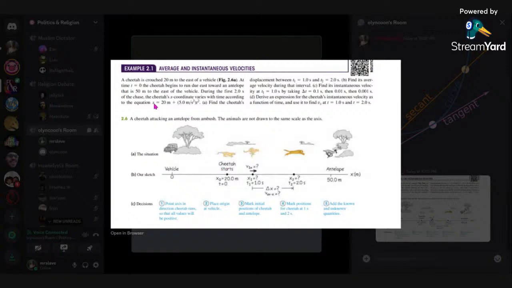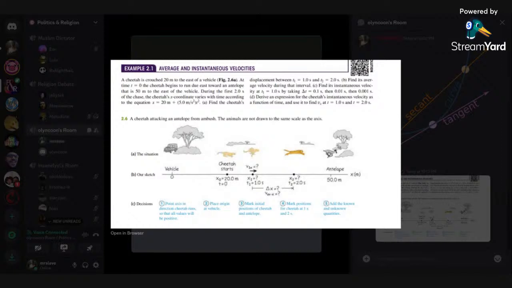Well, we know from this equation, this tells us, right? So displacement is x equals x naught plus 1/2 at squared. Did they teach you 1/2 at squared?